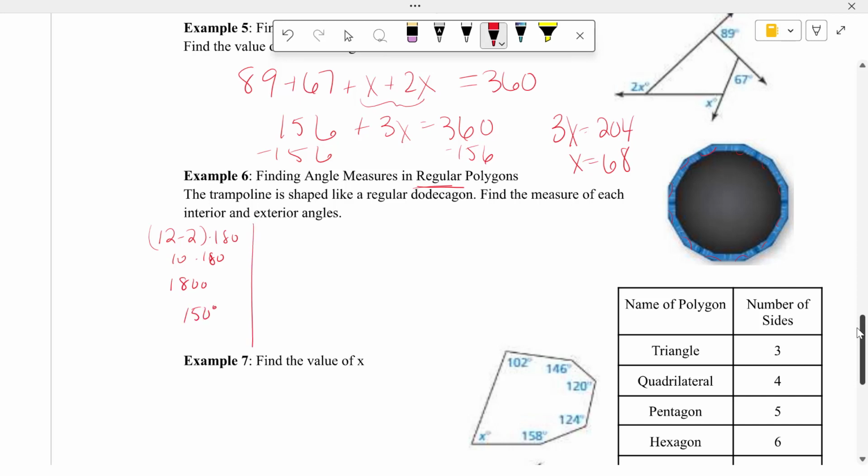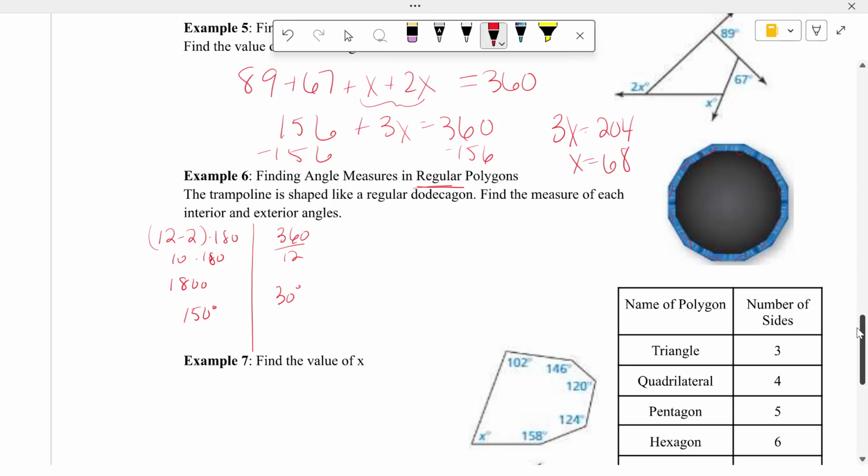Exterior, so that's how we did the interior. Exterior all totals 360, so you're just going to divide that by 12.